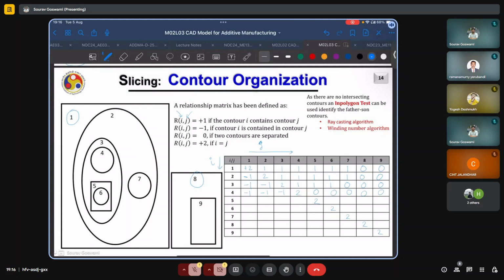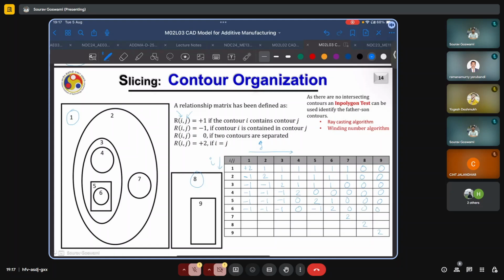Contour 5 is contained within contour 1, contour 2, contour 3. It is separate from contour 4. It contains contour 6, separate from 7, 8, and 9. Contour 6 is contained within 1, 2, and 3. It is separate from 4. It is also contained within 5, separate from 7, 8, and 9.